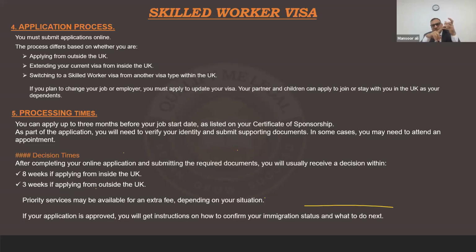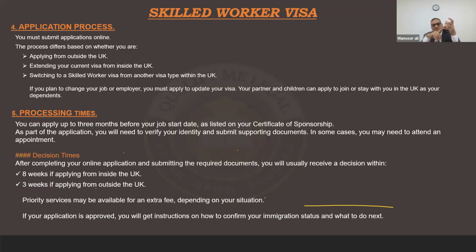How can you trace out a job? You can trace out a job through Indeed, through Google, and there are a number of forums. You can trace out a job for your client, or your client has already found a job, and thereafter the client can come to you to make an online application, and this is how you can apply for them.